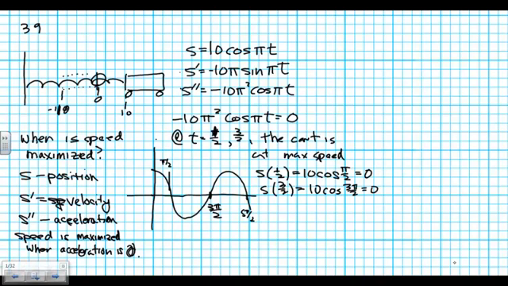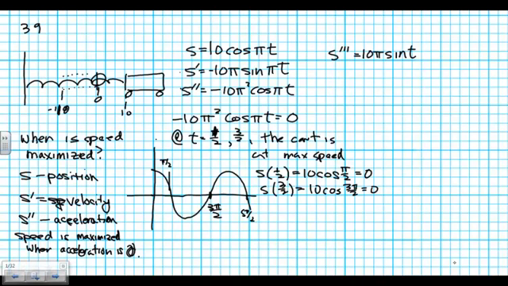It seems to me that when we want to maximize velocity, we took the next derivative and we set it equal to 0. If I want to maximize acceleration, I'm going to take the acceleration and take its derivative, finding the jerk, and it's going to end up being 10 pi sine of pi t.